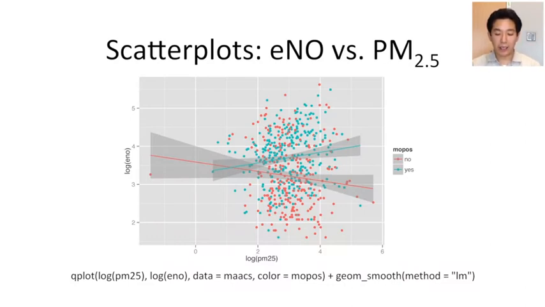That way I can look at the linear relationship between PM2.5 and ENO by whether they're allergic to mouse or not. You can see that, roughly speaking, in the non-allergic children, amongst the red dots here, there's a little bit of a negative relationship, but it's not particularly strong if you factor in the confidence intervals. And then within the allergic children, there appears to be an increasing relationship between PM2.5 and ENO.